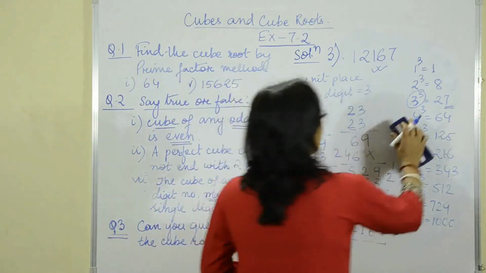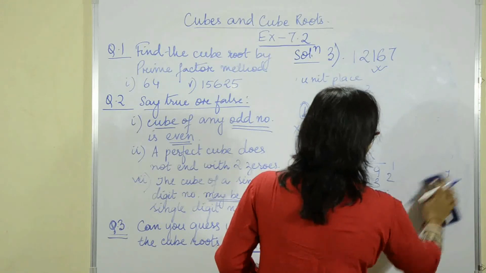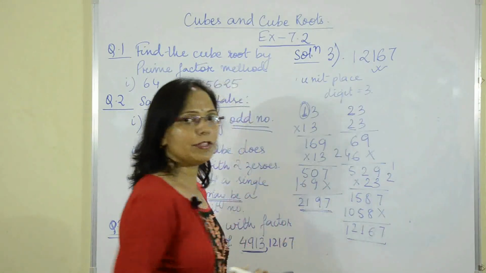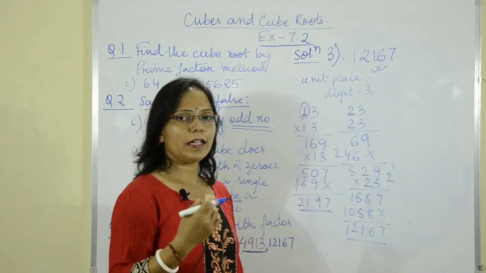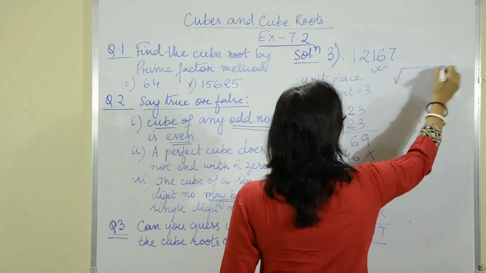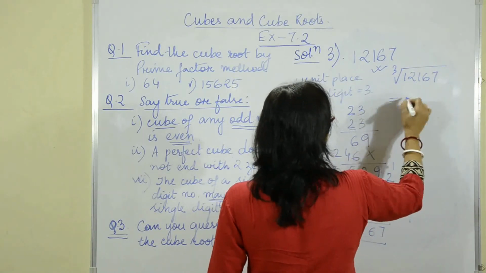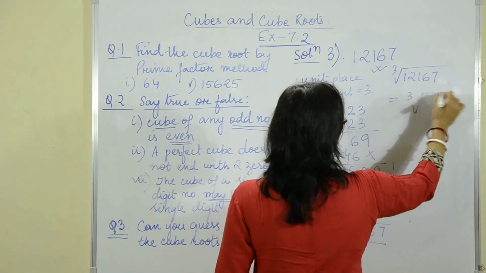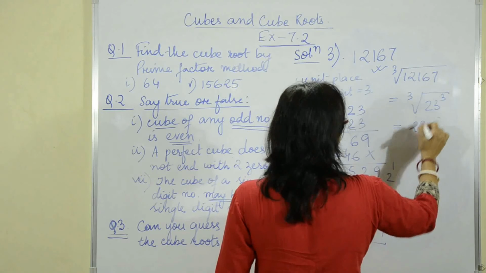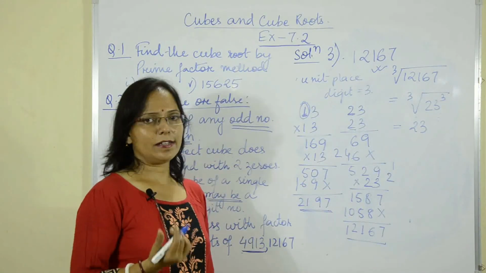Okay. So, what will we write? Hence, we will write, it is something like a trial and error method that is not actually appreciated, but you will have to do it as it is given as a part of your question. So, the cube root of 12167 is, you can write, the cube root of 23 cubed, and then the answer becomes 23, as the cube and the root get cancelled out.